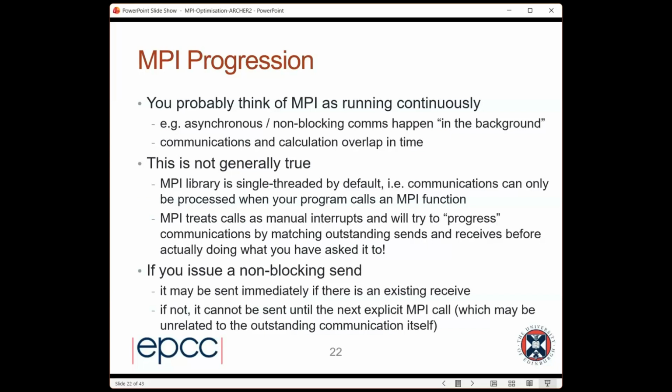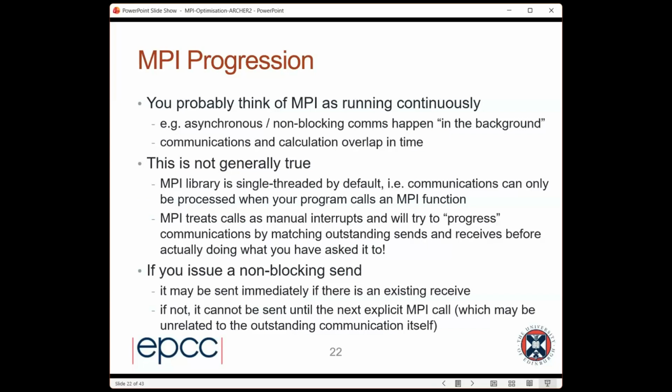If not, it cannot be sent until the next explicit MPI call. However, that may be unrelated to the outstanding communication call itself. So what this is saying is, if you issue a non-blocking send, it may be sent immediately if there's an existing receive. If there isn't, the next opportunity MPI has to send it is when you're in the MPI library, which is the next time you make an MPI call.